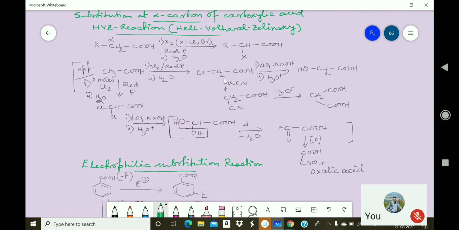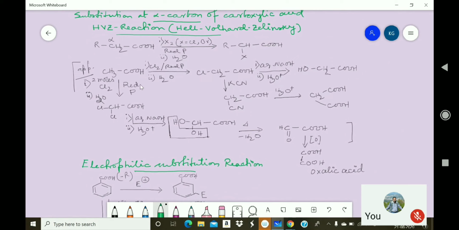If we treat it with KCN, then cyanide will replace the Cl group, giving rise to an intermediate cyanide derivative. And when it is acid hydrolyzed, the cyanide group will be converted to a carboxylic acid, giving rise to malonic acid.